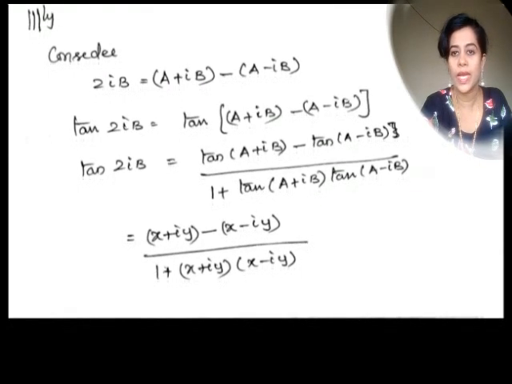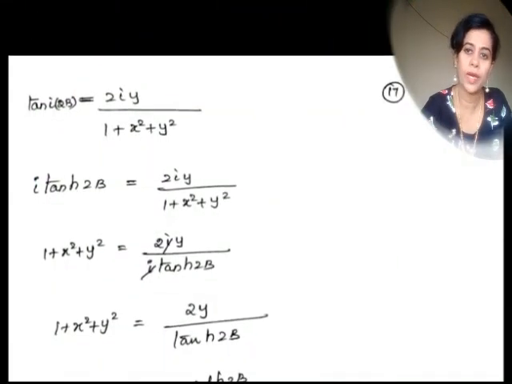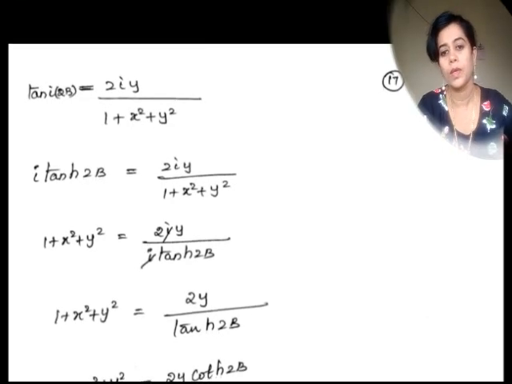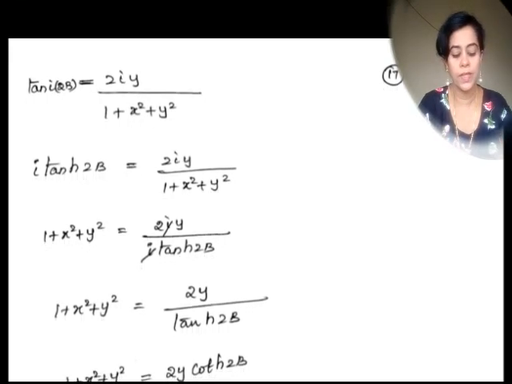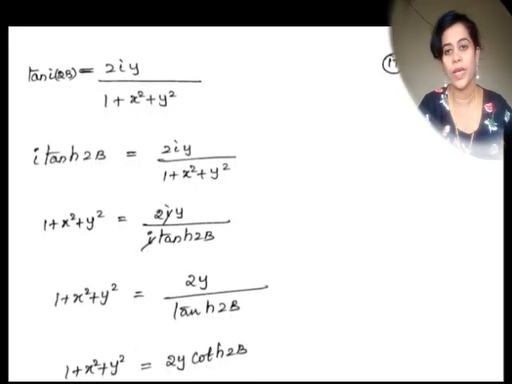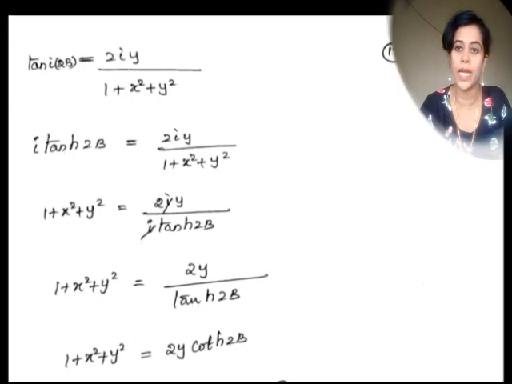So now simplifying, we are getting x plus iy minus x plus iy. So cancelling x here, we are getting 2iy divided by 1 plus x plus iy into x minus iy. What we have on the left hand side is tan 2ib.